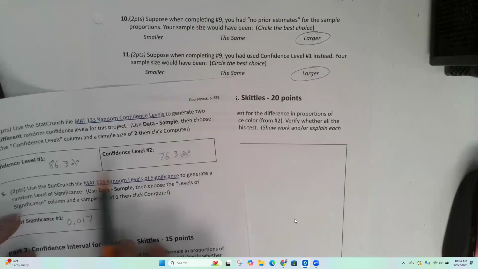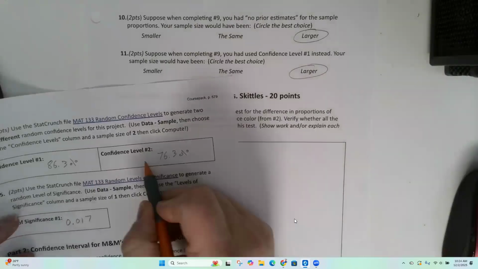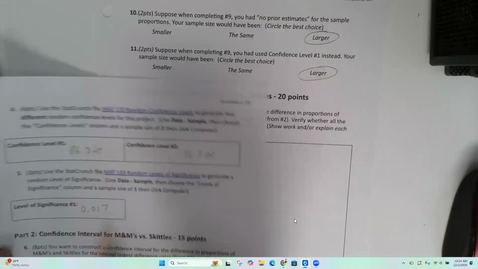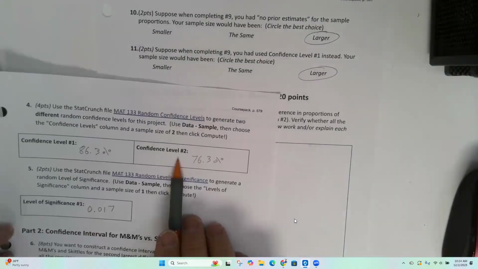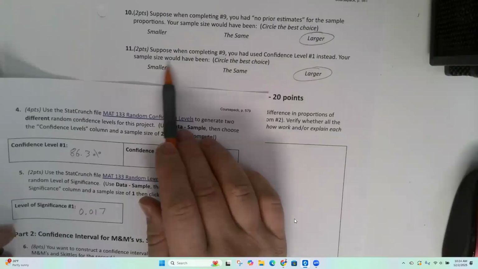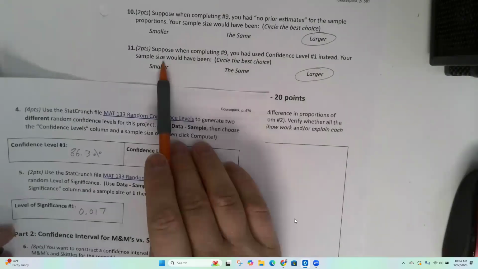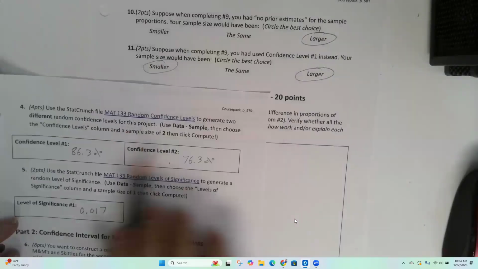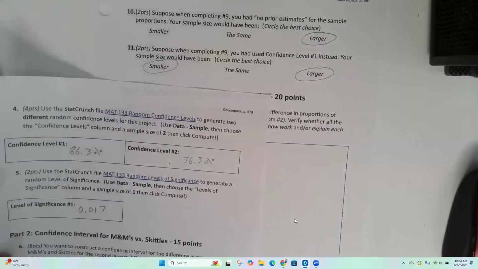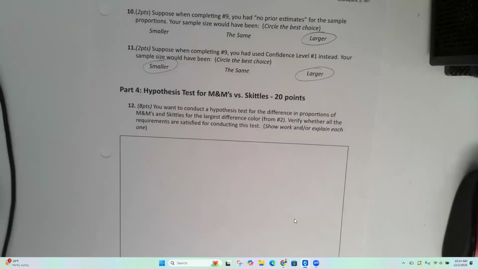On the other hand, if these were flipped, if this one ends up being a larger one when you select your random confidence levels, then it's going to be smaller, okay? So it depends on what your numbers are for your confidence levels for number 1 and 2, okay?